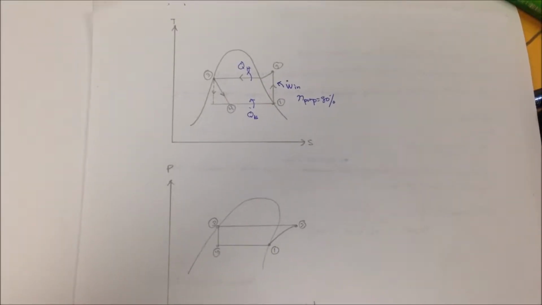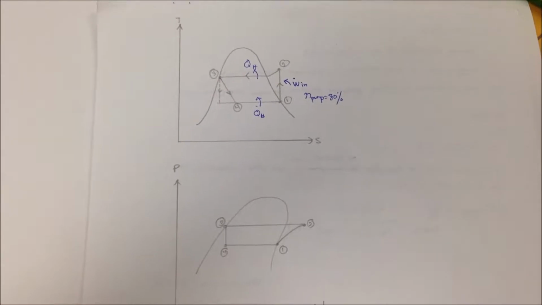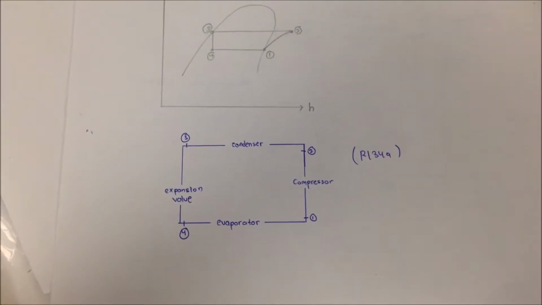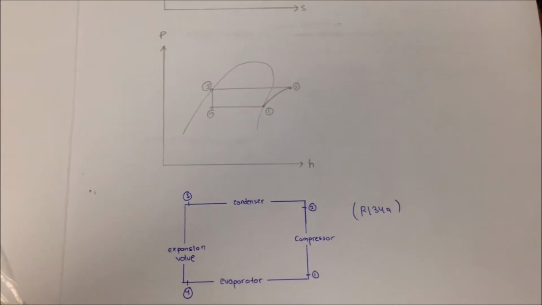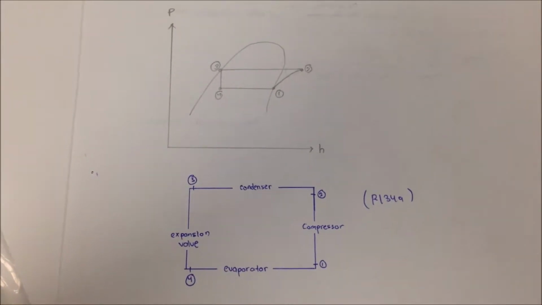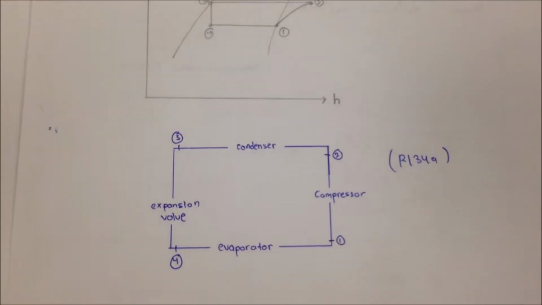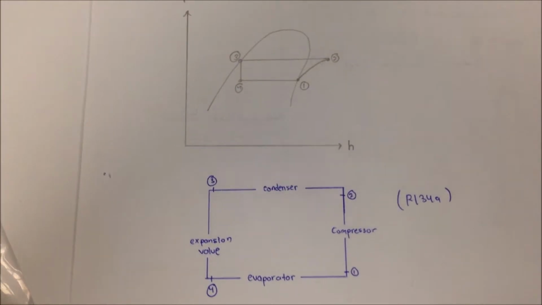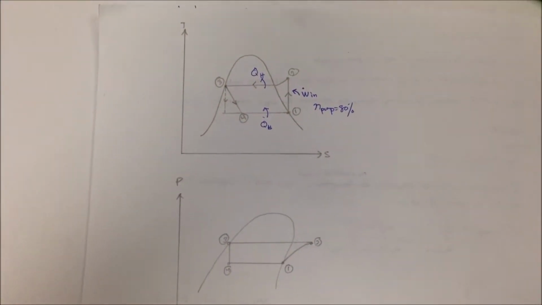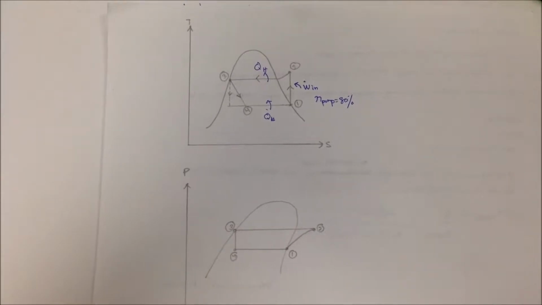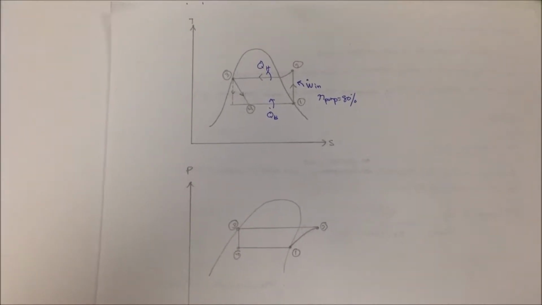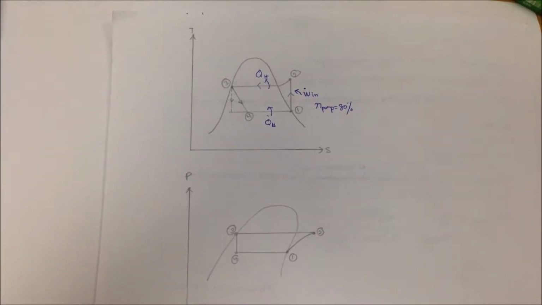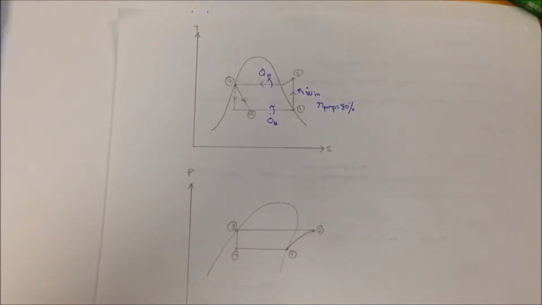In order to describe the principle of vapor compression cycle, first of all, you have to understand the TS diagram and the components involved in vapor compression cycle. The basic components involved are compressor, condenser, expansion valve, and evaporator. By looking at the TS diagram, you can see where the energy is coming into the refrigerant, coming out from the refrigerant, and where the power actually comes.